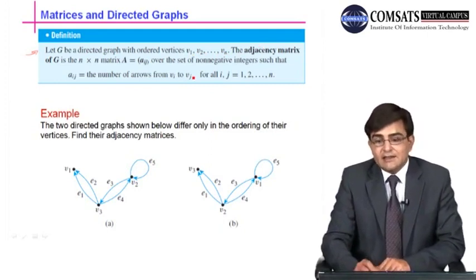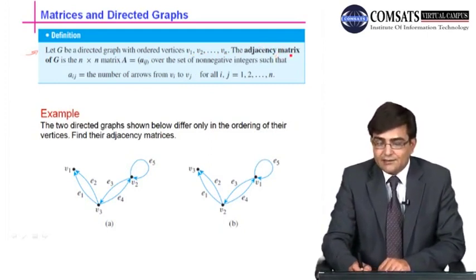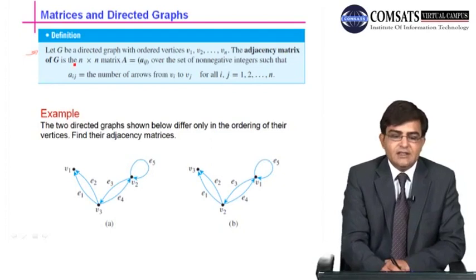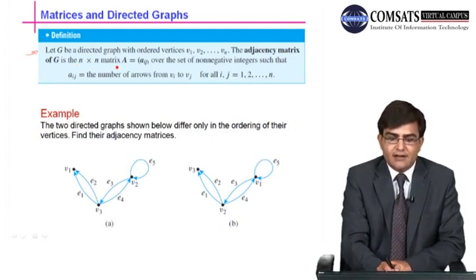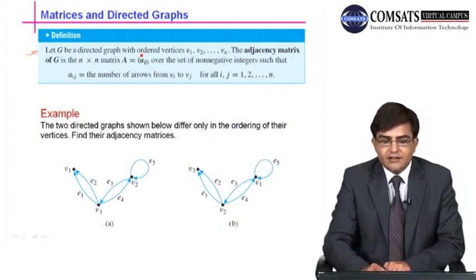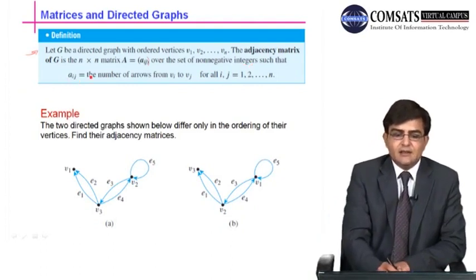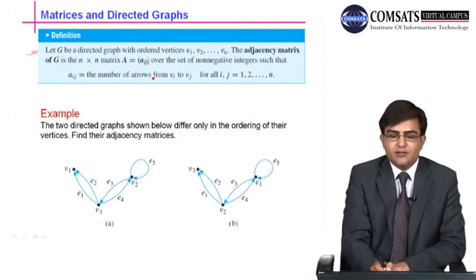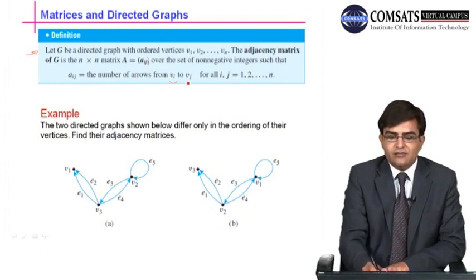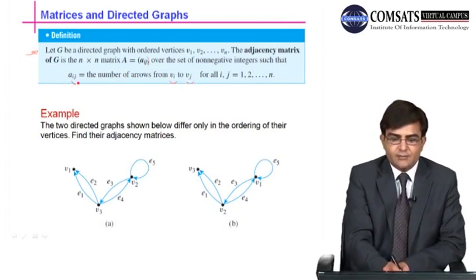The adjacency matrix of G is the n cross n matrix A, where the entries of A, aij, are in the set of non-negative integers, such that aij denotes the number of arrows from vi to vj, meaning i to j. i represents the row, j represents the column.